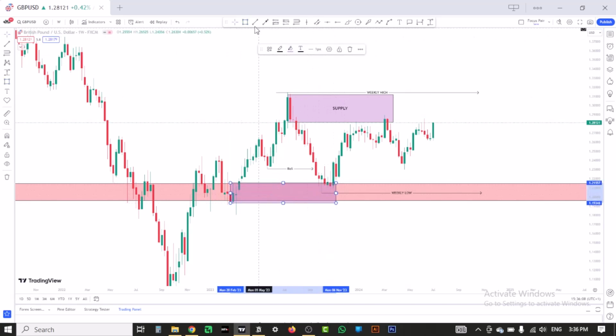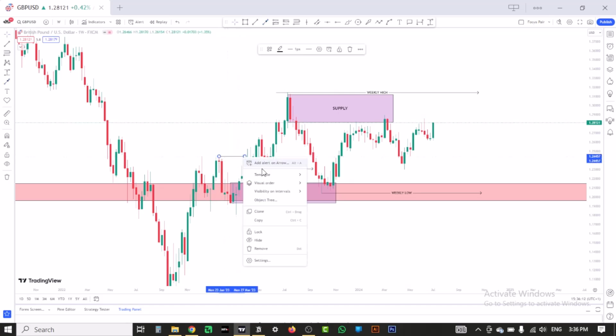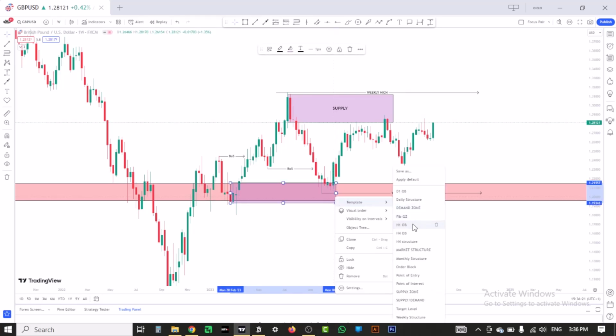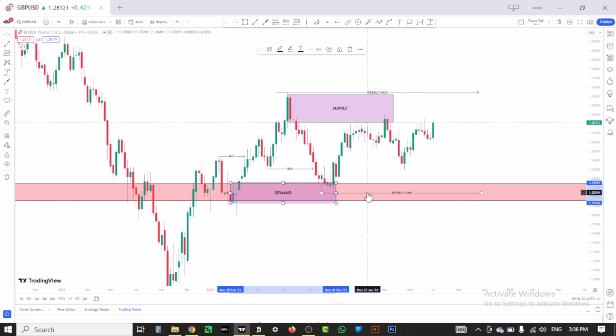As you can see, after price took out this area here, that's a break of structure also. We have this demand area here, which is a very massive level, and price reacted exactly, then started moving up. These are the things that have happened in the past on the weekly time frame on GBPUSD.